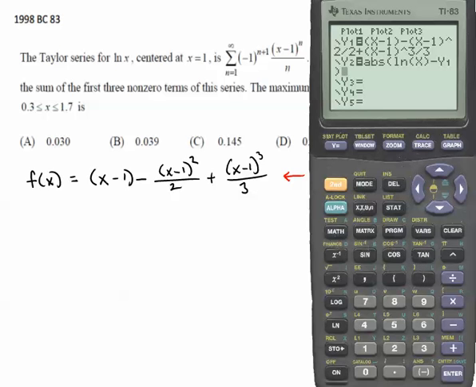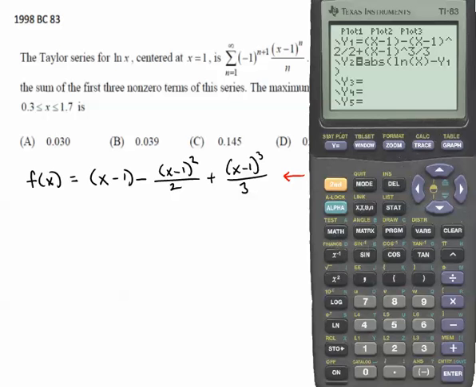So that will give me the difference between those two functions there. And what I'm looking for is the maximum value of that difference there. I'm going to turn off the first function so we don't graph it.